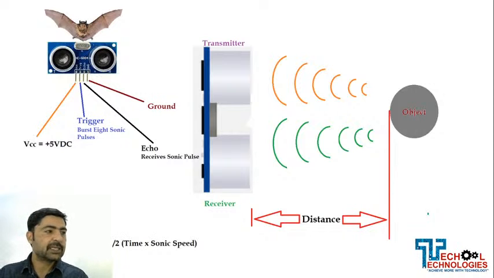We'll be using this echo pin to detect this delay. This ultrasonic wave will take a time from transmitter to object, then object to receiver.